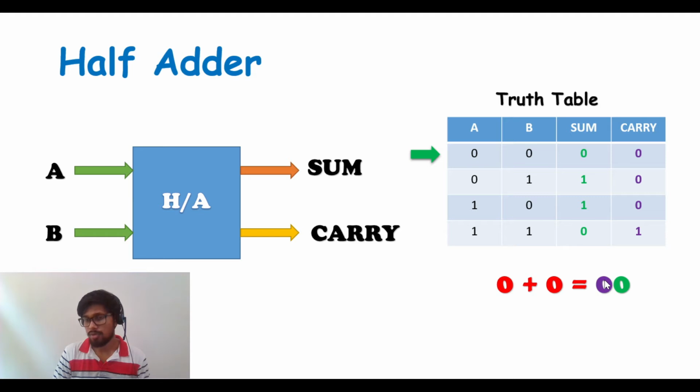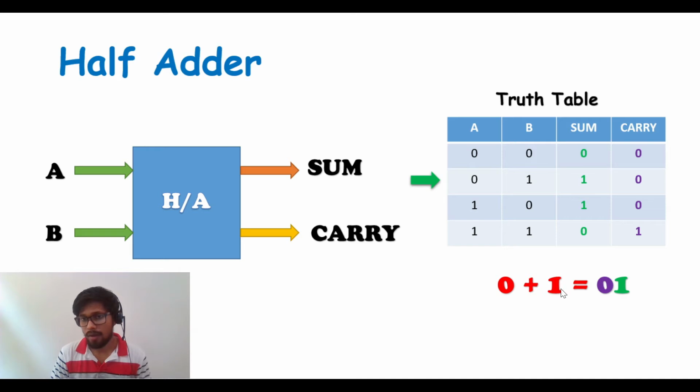After adding those, it will generate 0 and 0 as the output. The purple digit indicates the carry bit column, and the green digit indicates the sum column. I will go forward, then you will understand this concept.